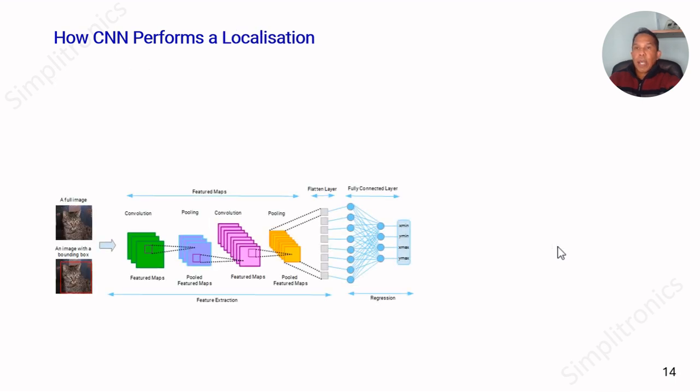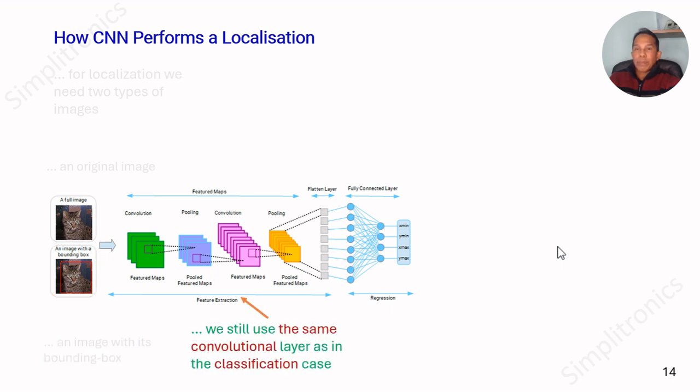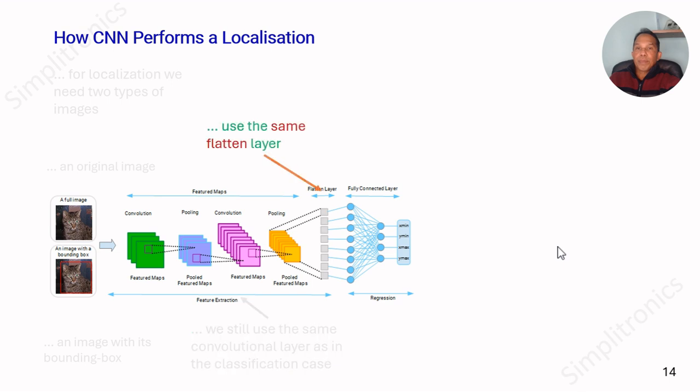How CNN performs a localization. For localization, we need two types of images: an original image and an image with its corresponding bounding box. We still use the same convolutional layer used in the classification case, and also the same flattened layer but a different fully connected layer.